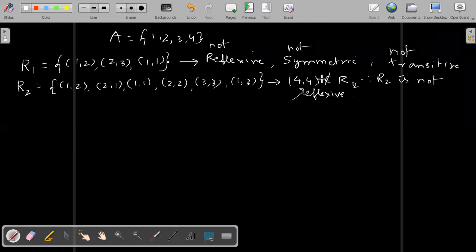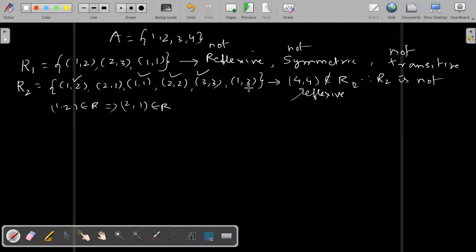Then symmetric. For symmetric, what we have to check, we will start from the first one. 1, 2 belongs to R implies that 2, 1 belongs to R. No need to check 1, 1, 2, 2, 3, 3 because 1, 1 will be 1, 1.